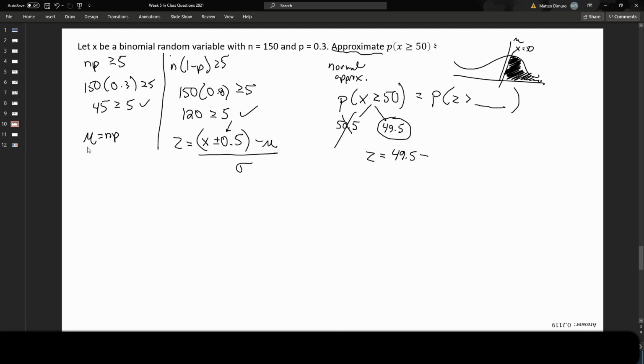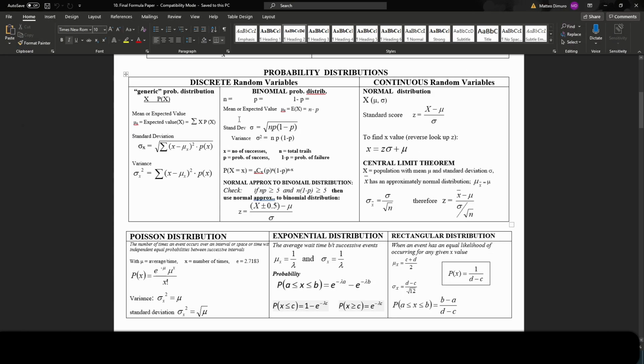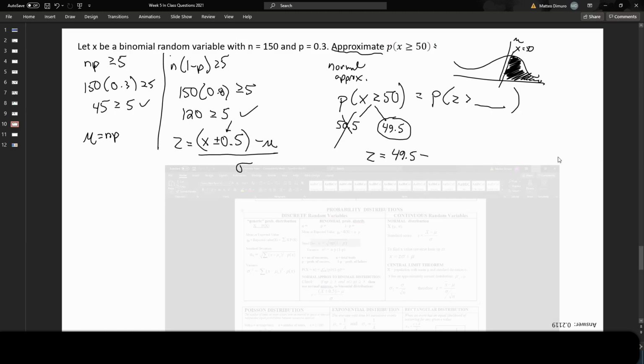Part of the formula is that the mean is n times p. I'm just looking at the formula sheet: you're still using n times p for the mean, and your standard deviation is the square root of n times p times 1 minus p.